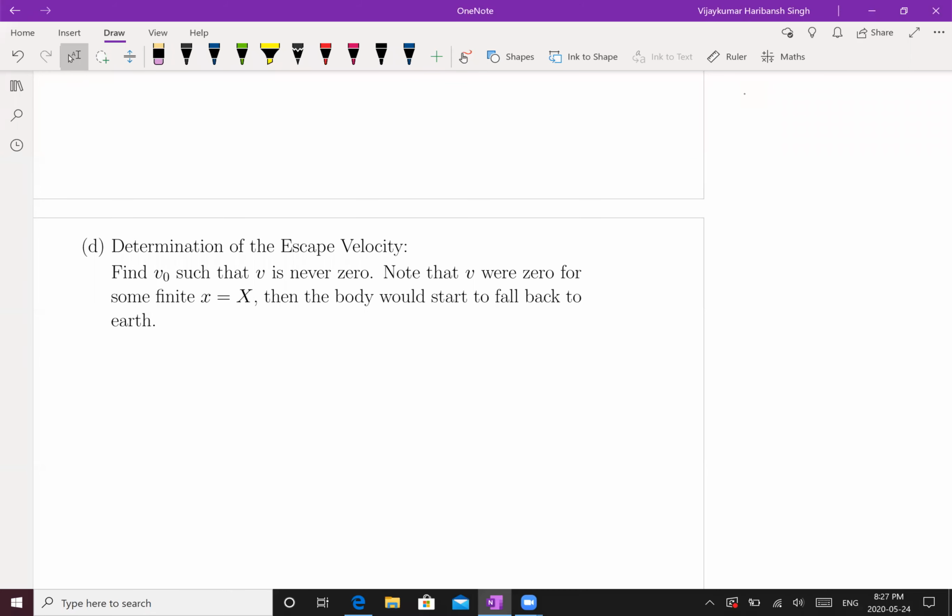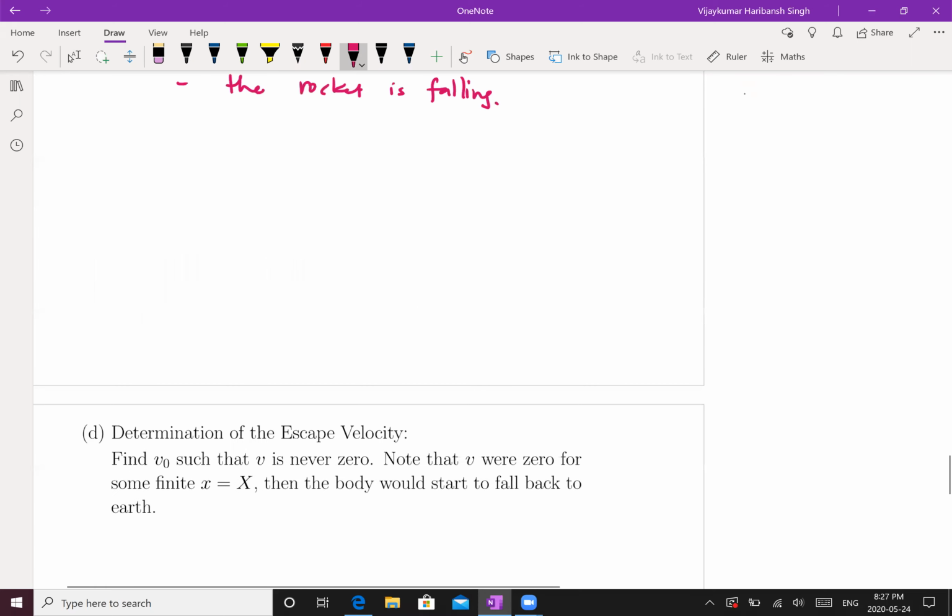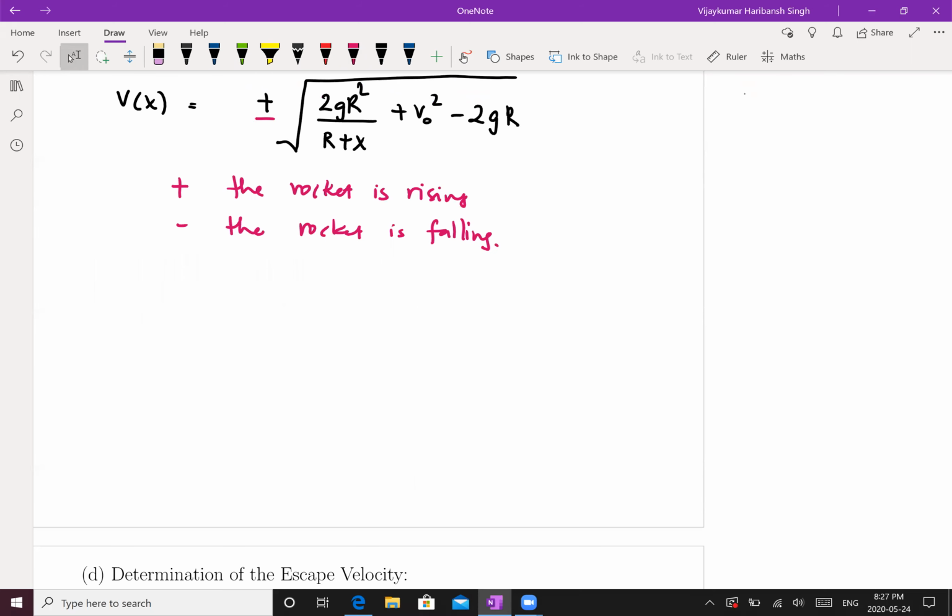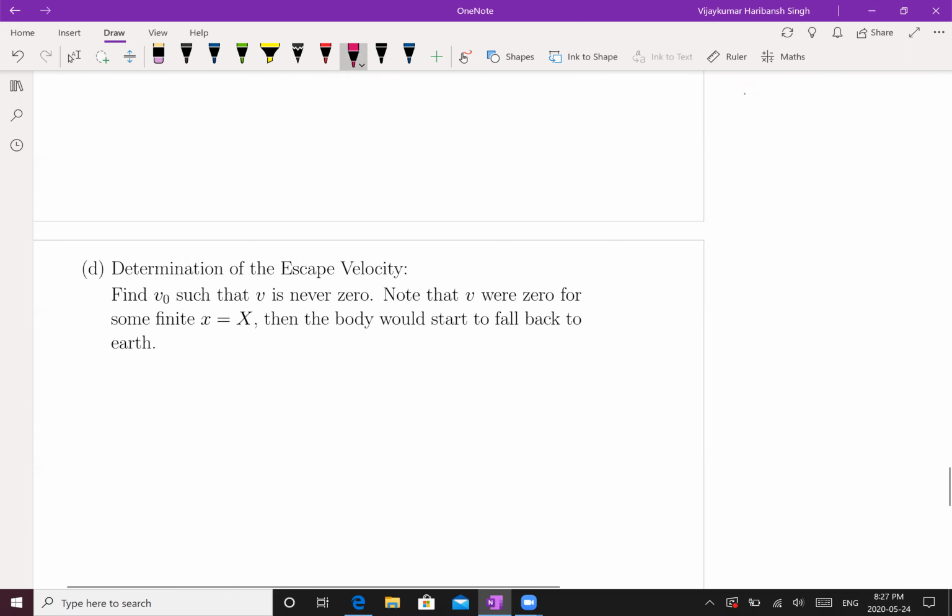What we'll do is we will try to see, so v naught is such that the velocity v is never zero, right? That's what the escape velocity is. So we want this to be never zero. So we'll see when v of x is zero.